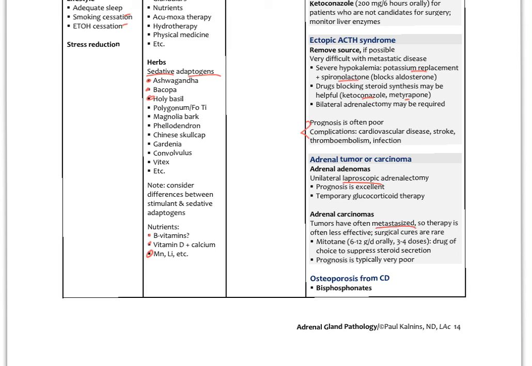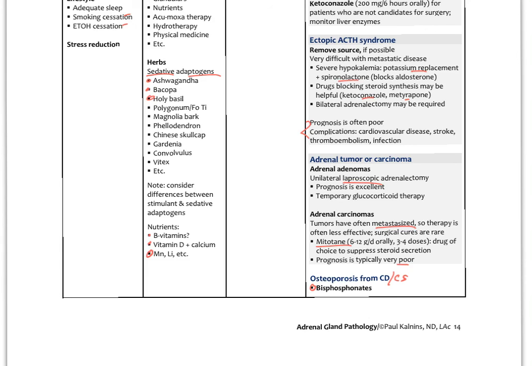And here is where adrenolytic agents like mitotane are given to suppress adrenal steroid secretion, since that tissue is overgrowing, secreting all this cortisol. The prognosis here is typically very poor. And then you'll often see with Cushing disease or Cushing syndrome, patients are given bisphosphonates to protect the bone.